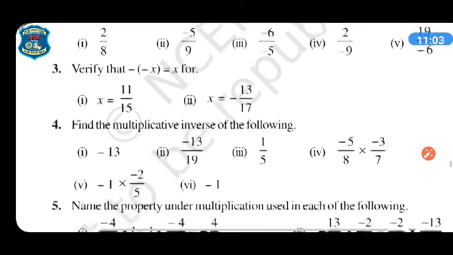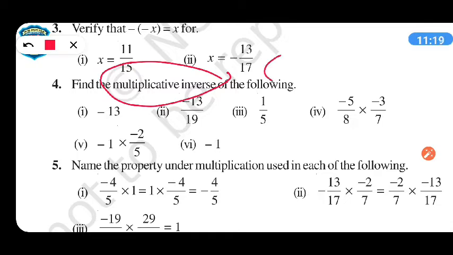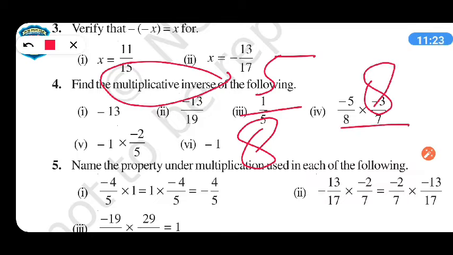Now, let us see the question number 4. Find the multiplicative inverse of the following. Before starting this question, let us understand the meaning of multiplicative inverse. Multiplicative inverse means reciprocal. Suppose the number is 5 upon 8. Its reciprocal will be 8 upon 5. Understood?